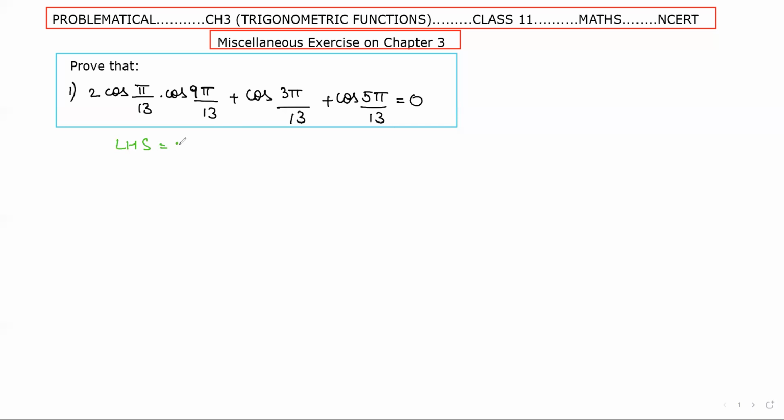LHS is equal to 2 cos pi by 13 into cos 9 pi by 13 plus cos 3 pi by 13 plus cos 5 pi by 13. So let's apply the cos A plus cos B formula in the second and third term first.